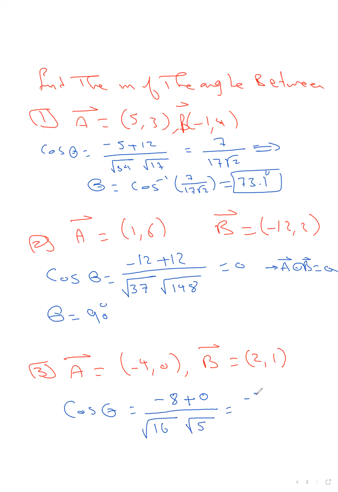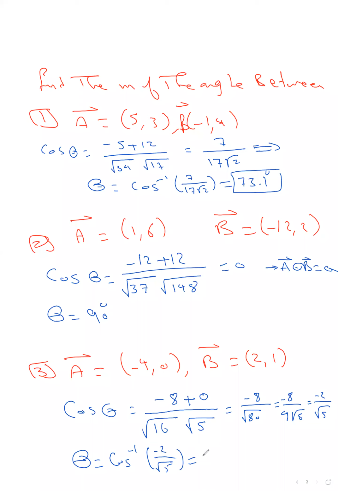It will be negative 8 over root of 80. Okay, negative 8 over 4 root 5, meaning negative 2 over root 5. Then theta equals cosine power of negative 1 of that, equals 153.43.